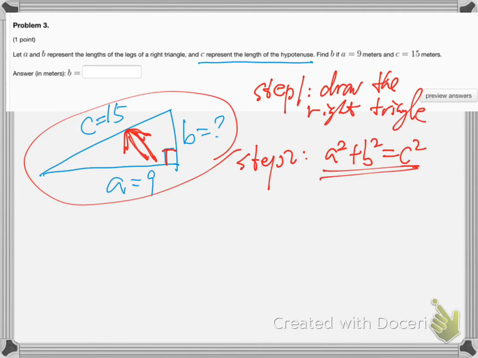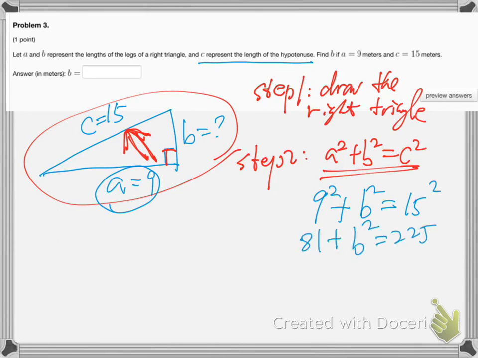And now we replace A by 9, so 9 squared. B is the one we want, C is 15, so it's 15 squared. 9 times 9 is 81, plus B squared is 225. Now B squared is, you move 81 to that side, you got 225 minus 81.